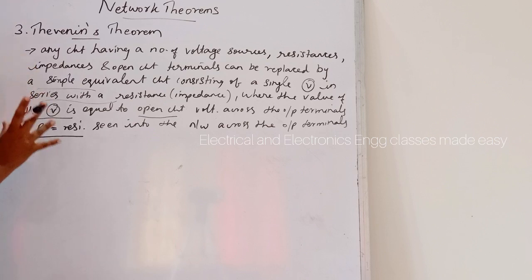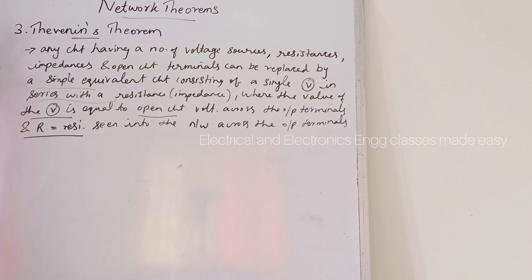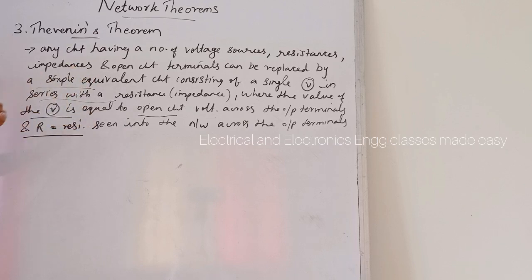So let us study this Thevenin's theorem in detail, and this is a very important theorem in network theorems. There are some procedures to find the Thevenin's equivalent circuit. Thevenin's equivalent circuit consists of a single voltage source in series with a resistance, and we have to find the value of that voltage source and resistance.